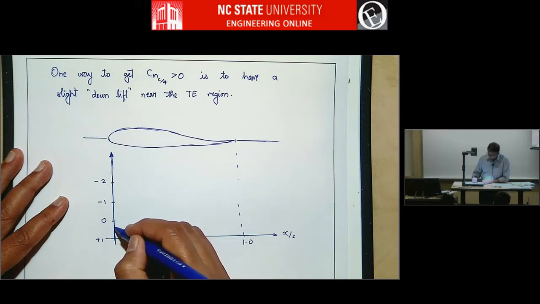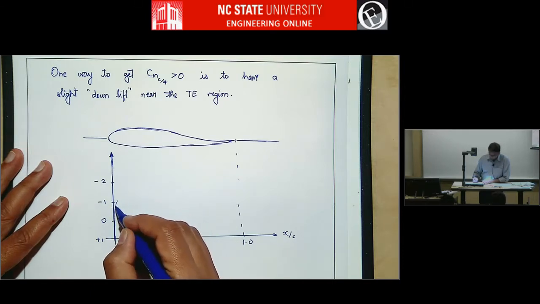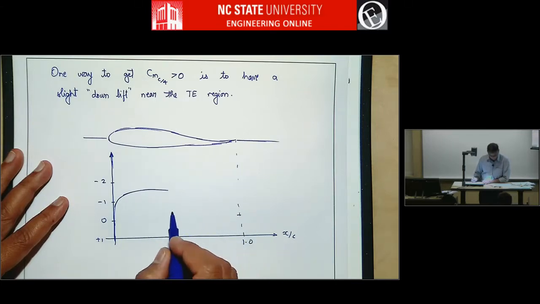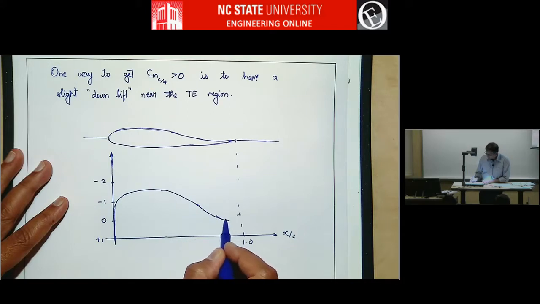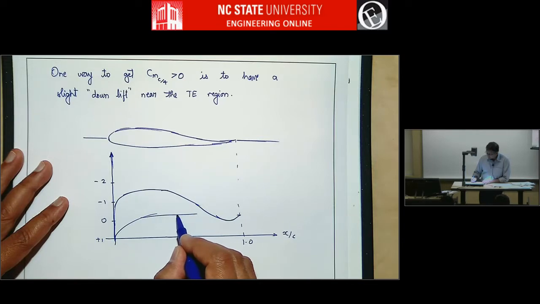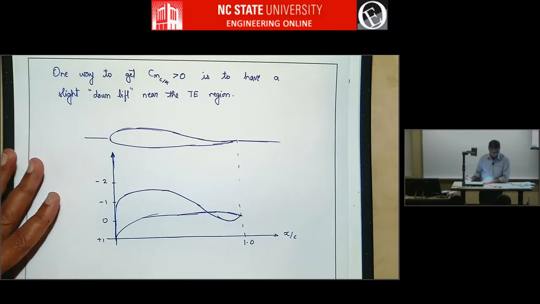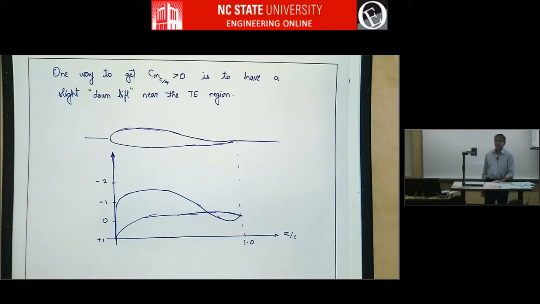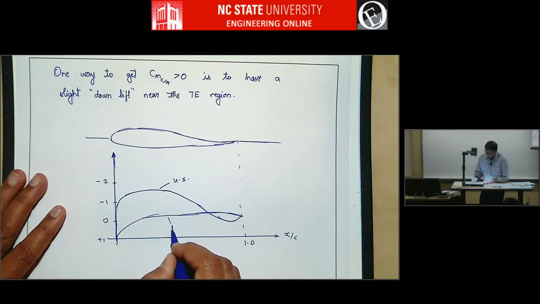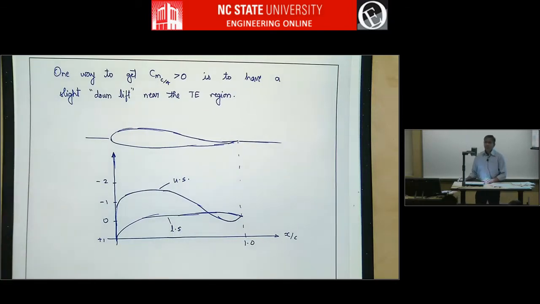So here you might have an upper surface velocity or CP distribution that looks like this, and then it will come down and do this, whereas the lower surface might be something like this. So this is upper surface and this is lower surface. It's just a sketch, so it may not look exactly like this, but something along these lines.